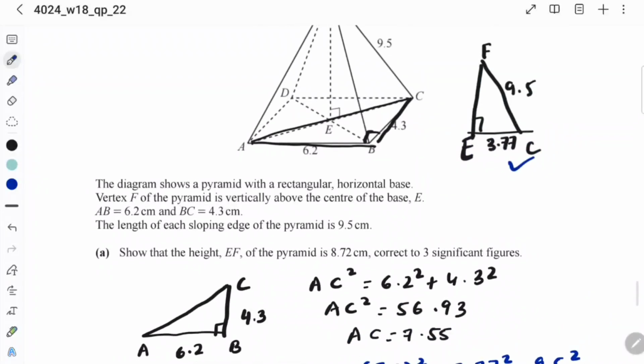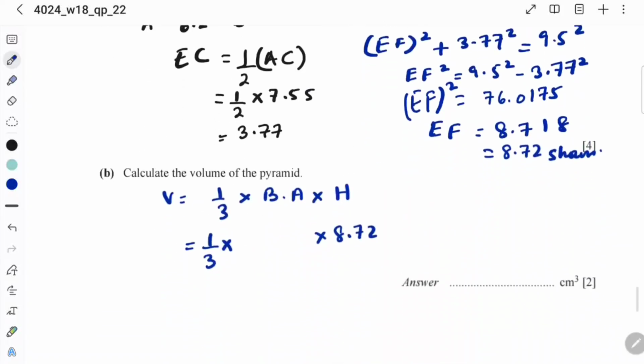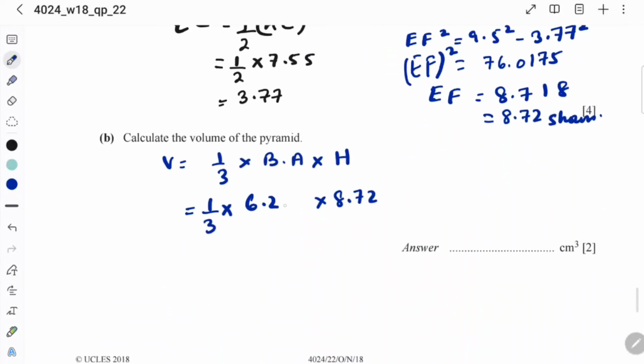The rectangular base has 6.2 and 4.3, and multiply all of them together. Calculate, that is equal to 77.491, so 77.49. Okay, that was 2 marks.